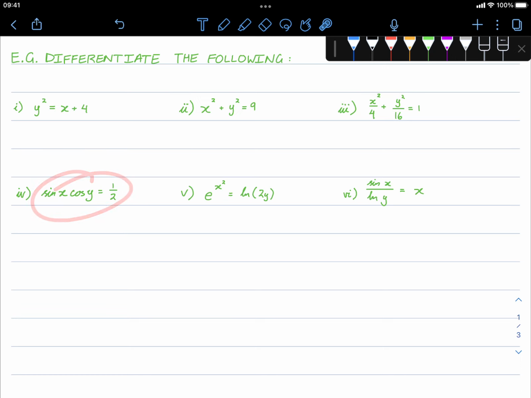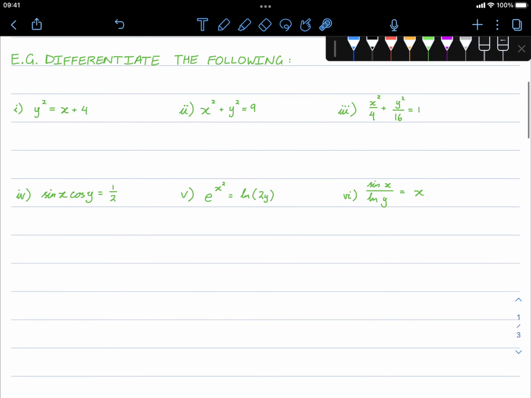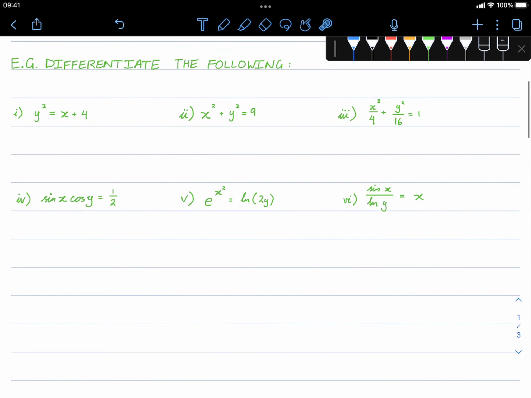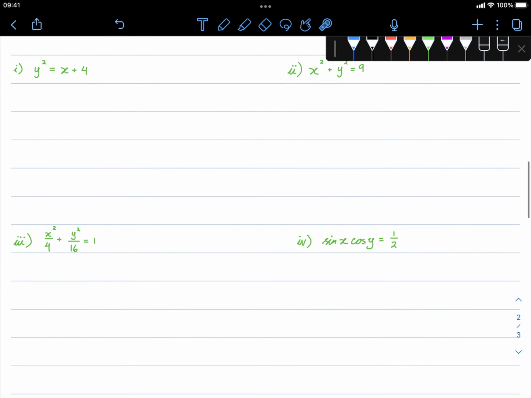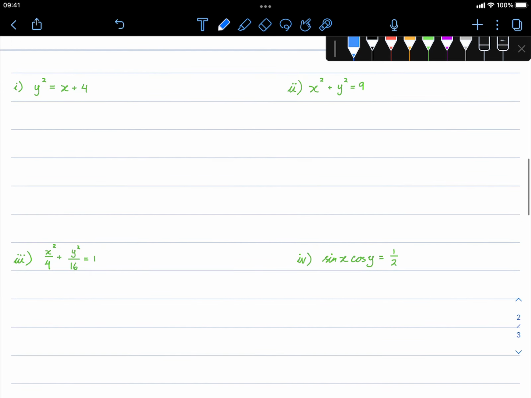It seems as if it's not even a function anymore, which is indeed the case, because this is a circle, which is a relation because it fails the vertical line test. You can pause at any time that you like. In this video, we'll be doing the first two examples with both ways of doing this. Okay, so let's get straight to it.